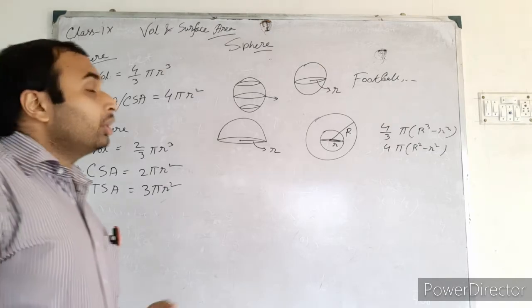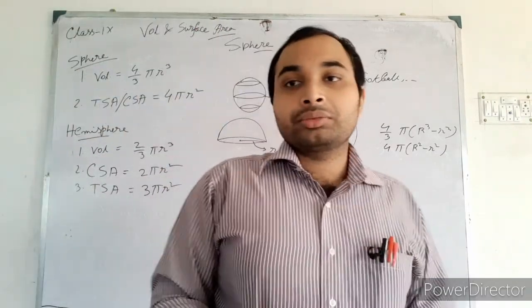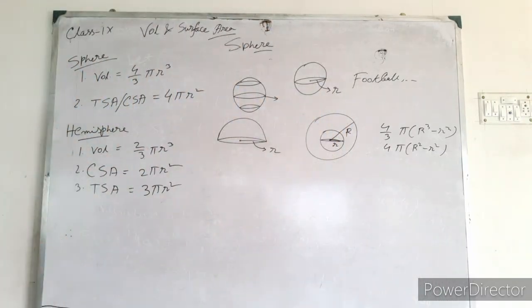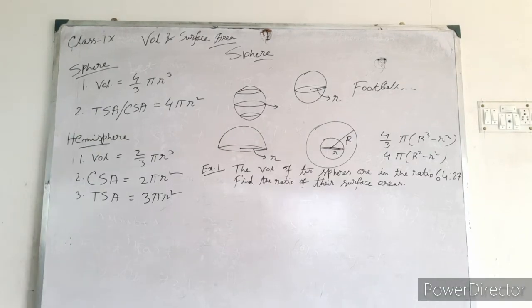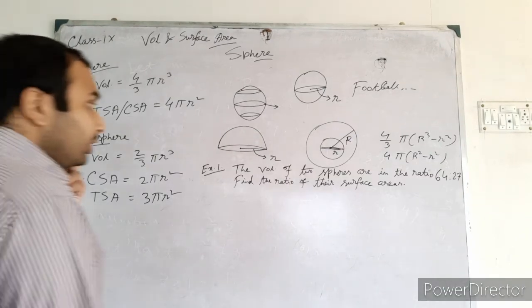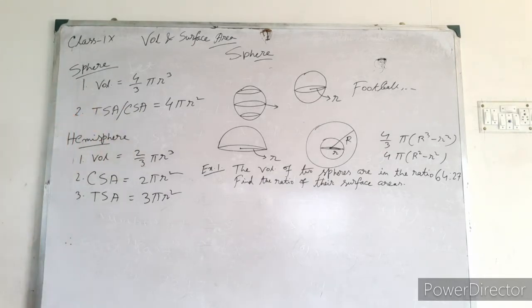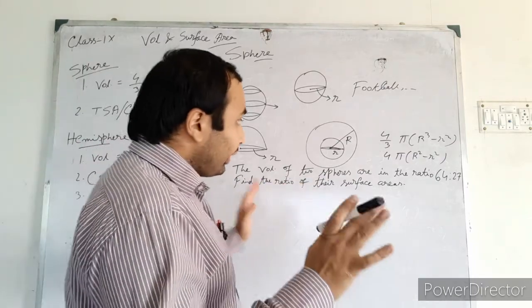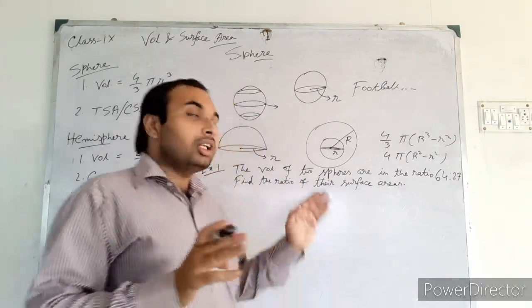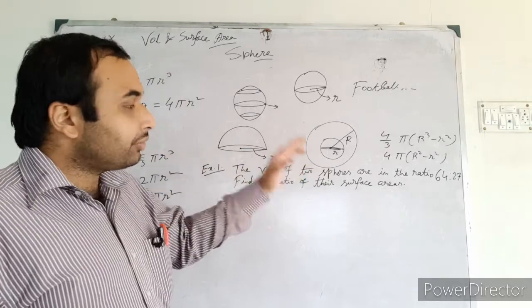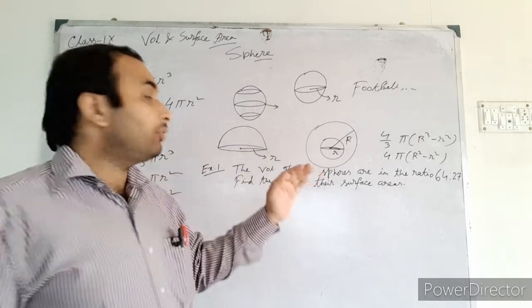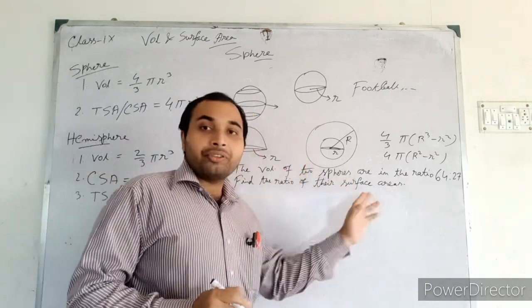So students, now let us do some examples of spheres. Our first example: the volumes of two spheres are in the ratio 64:27. Find the ratio of their surface areas. First of all, the information given is the volume. The ratio of the volume is given, and you have to find the ratio of the surface area.